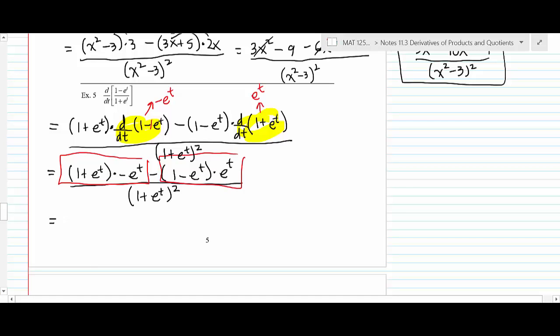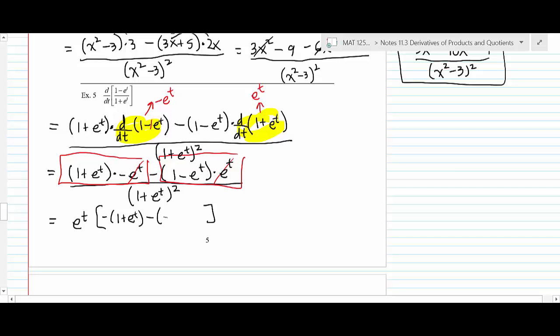I'm going to take e to the t out. Okay, and then I'm going to draw a big bracket there. Now, one thing I'm going to do to help you process this, I'm just going to mark that out in my mind. So what would be left is, you still have that negative there, and then you have 1 plus e to the t like that. You still have this minus here.